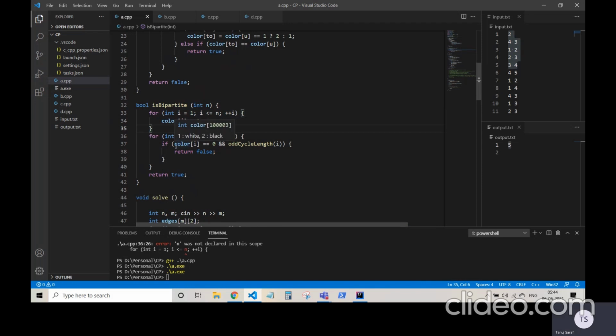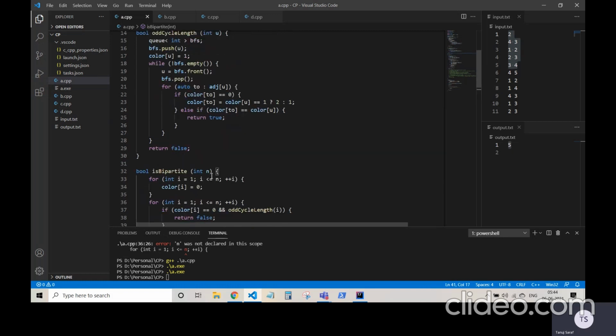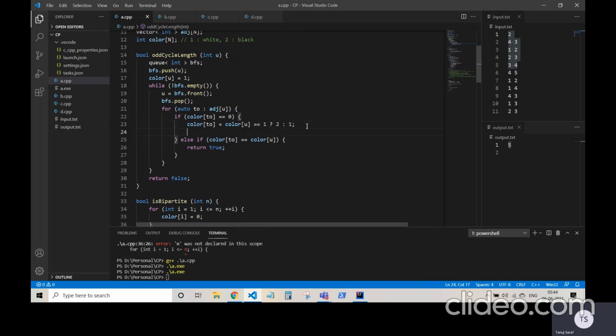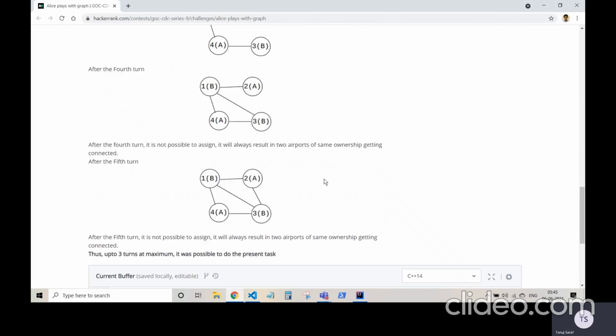And then from each node, if its color is 0, that is if it has not been visited, and starting a BFS from this node we get an odd cycle length, then we return false. Otherwise we return true. Okay. And over here, I forgot to push this node in the BFS queue, right? So we need to push this into the queue as well. Okay, 3 and 3. So let's submit this.